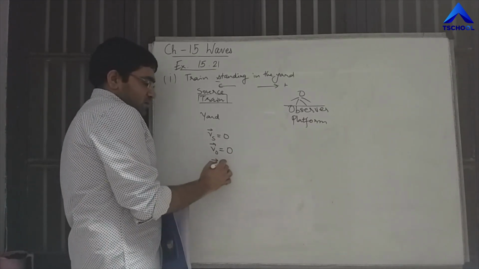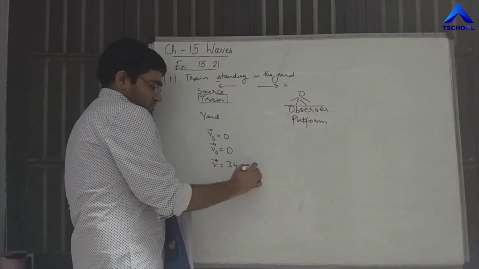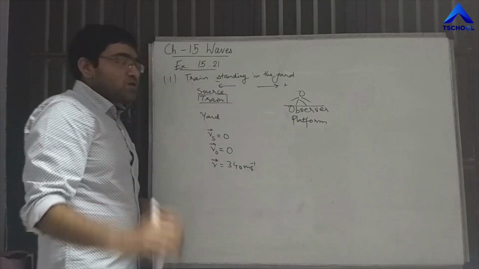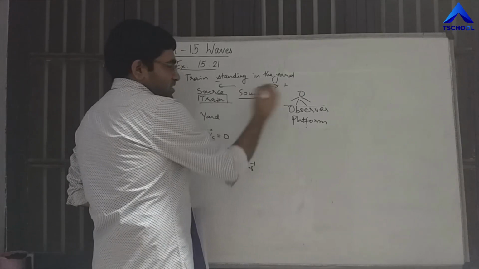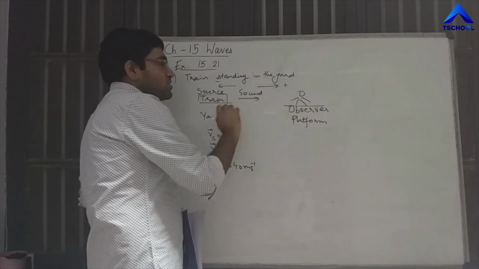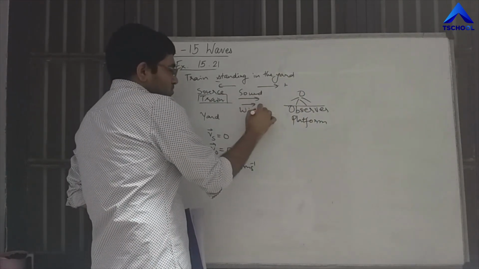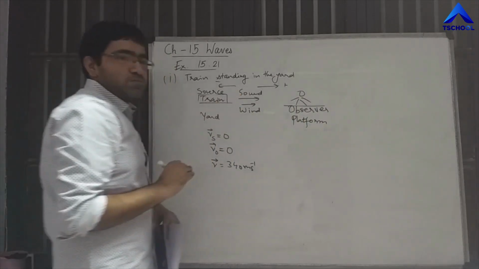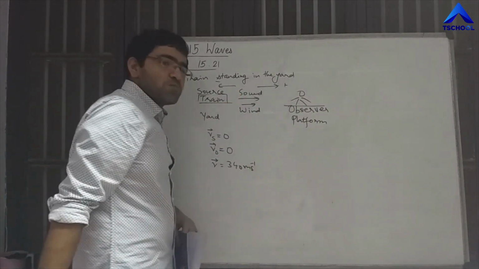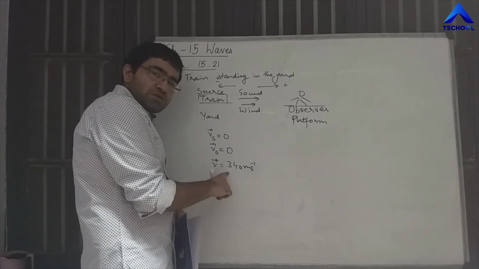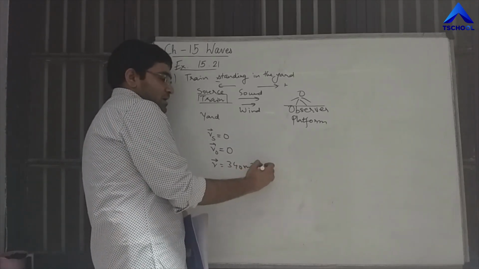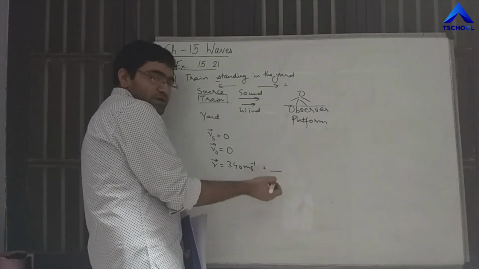But the speed of sound now is not going to be 340 meter per second only. There's something else going on. Obviously sound will travel from left to right, from source to the observer, but because there is wind from the train to the platform, from the yard to the platform, the speed of sound will not be the usual 340 meter per second, it will be plus the speed of wind, right?